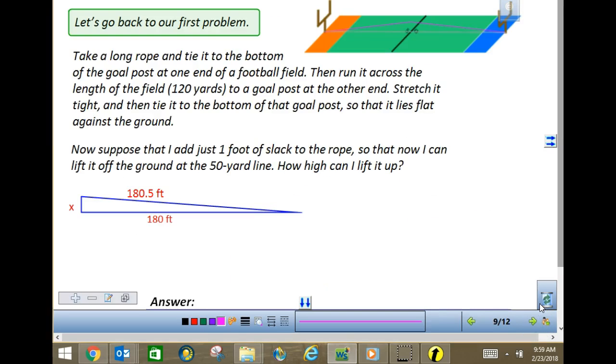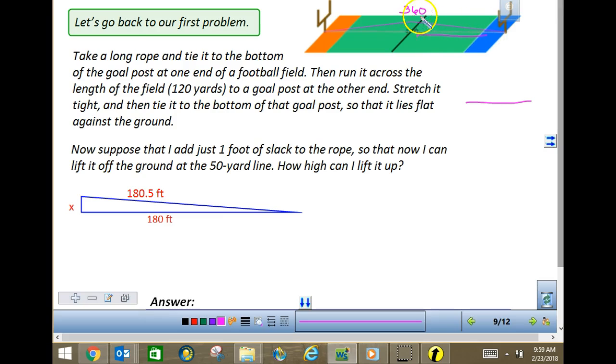So let's go back to the problem from the beginning, right? At the beginning, we said that this was our 360, right? So this is our 360 going across. Which means if I'm looking at the Pythagorean theorem part of it, I'm looking at how long is this side? 180. We added 1 foot, which now makes, if I was adding this whole thing, it would have been 361.